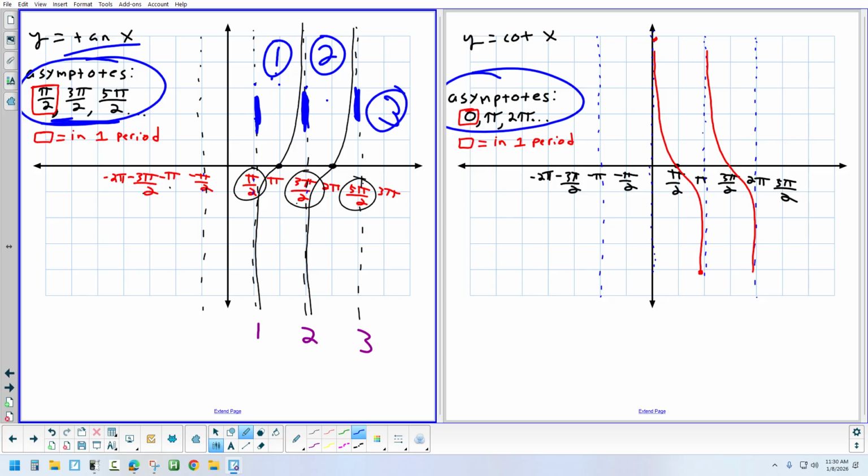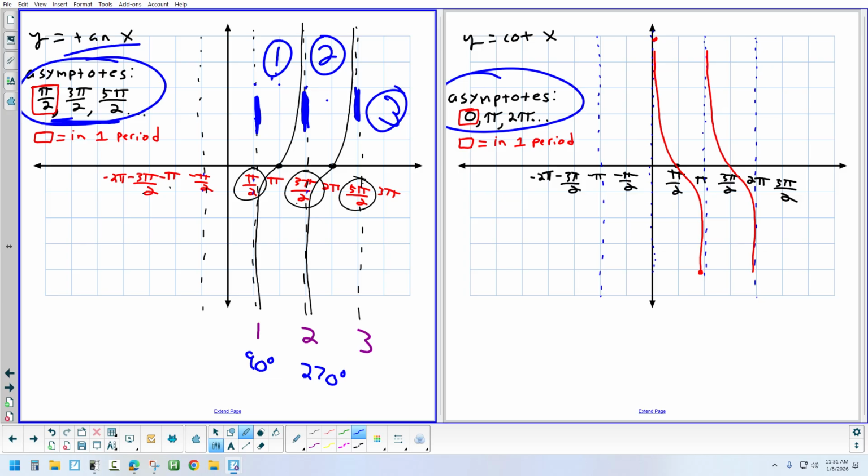All you need to know is one of them, and then know how often it keeps repeating. Well, let's look at this again. We said pi over 2 was how many degrees? 90. What's 3 pi over 2? Yep, that's 270.